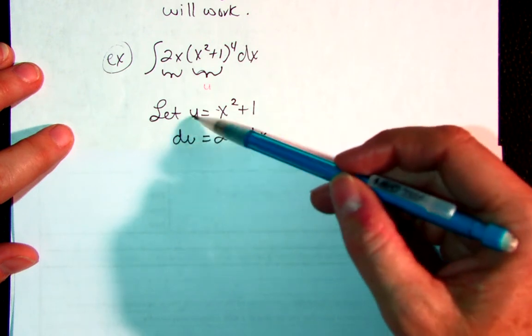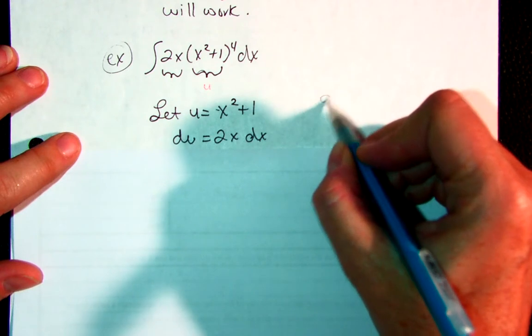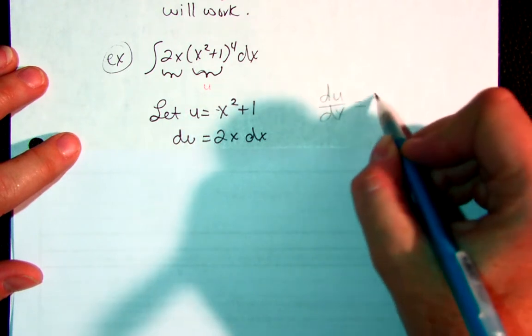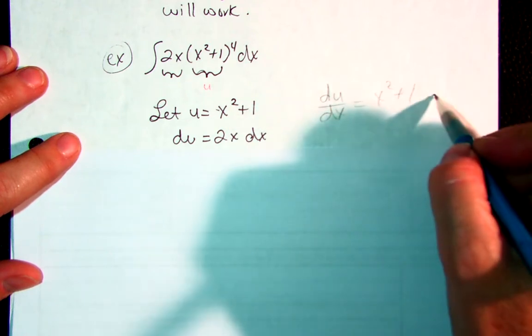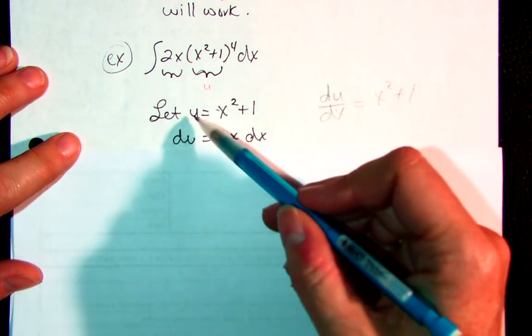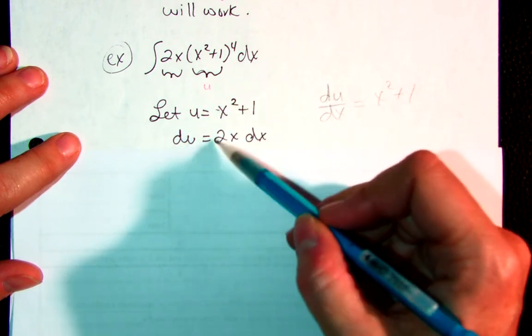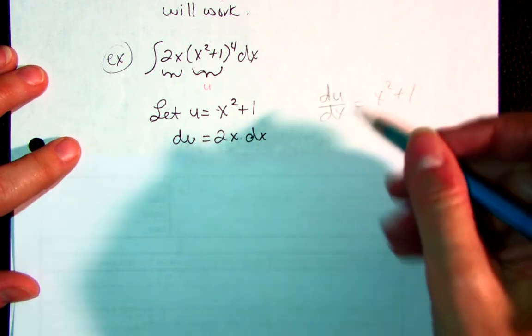So that would be du, taking the derivative with respect to x. But I'm bringing the dx over here. So I'm taking the derivative of u, that's du. Let's take the derivative of the right-hand side, 2x times dx.